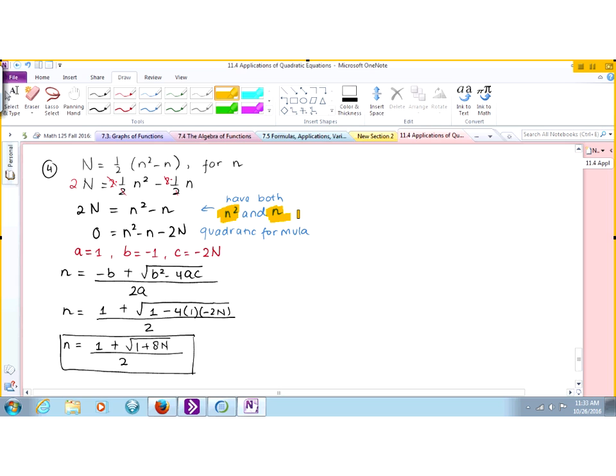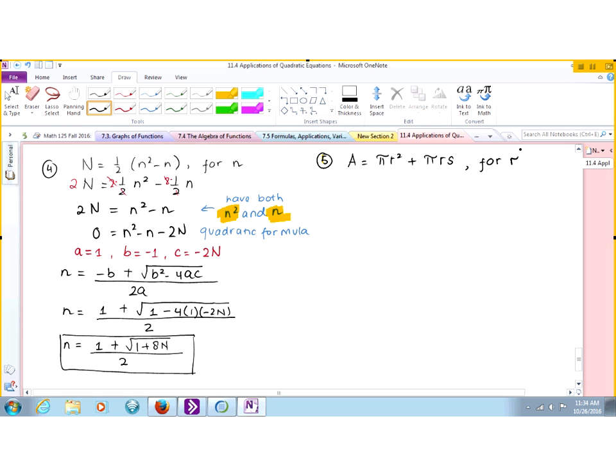Should we do another one? Okay. All right. Which one is using the quadratic formula? Oh, here. Number 5. What about if we have A is equal to pi r squared plus pi rs, and we want to solve for r?